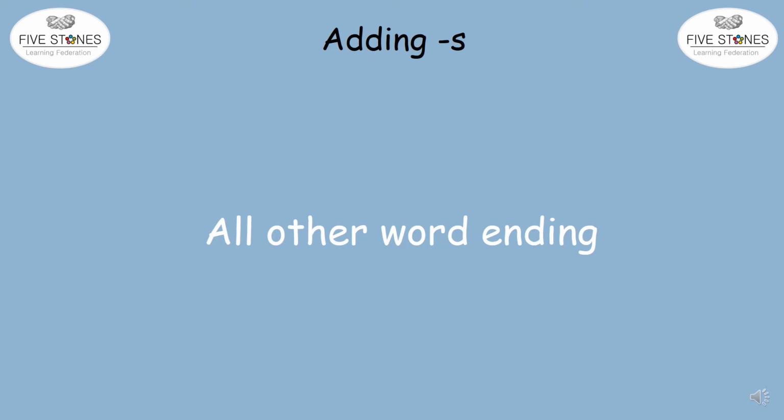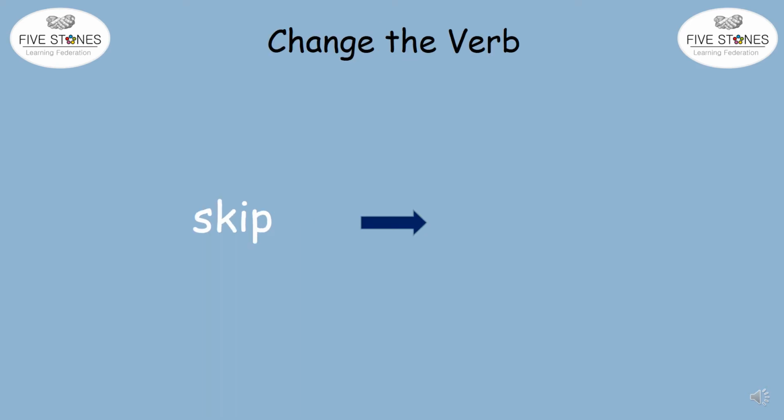We then add the suffix s to all other words that you change when turning them into present tense. For example, the verb skip. To change skip to simple present tense, it becomes skips. We add the suffix s.